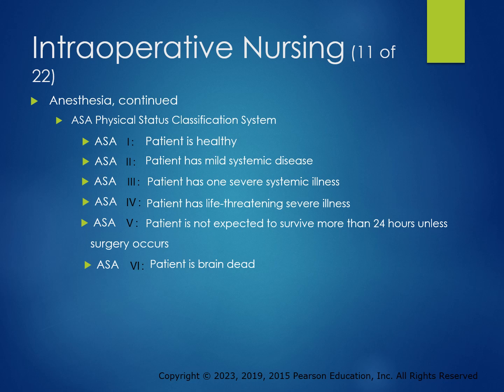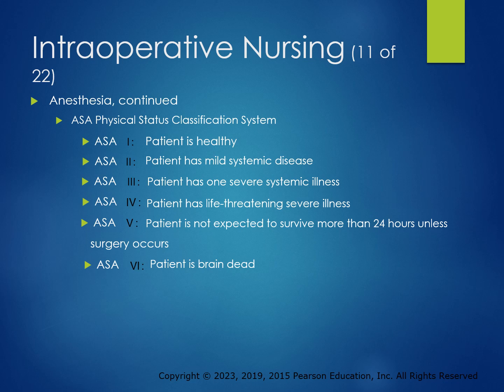And then it talks about the ASA physical classification system. The ASA level is not used to estimate the possibility of anesthetic complications, nor does it dictate the type of anesthetic that will be administered. The ASA classifications are as follows. This is the American Society of Anesthesiologists, and they have this classification to go by, to make sure they're giving you the right amount of anesthesia according to your level.